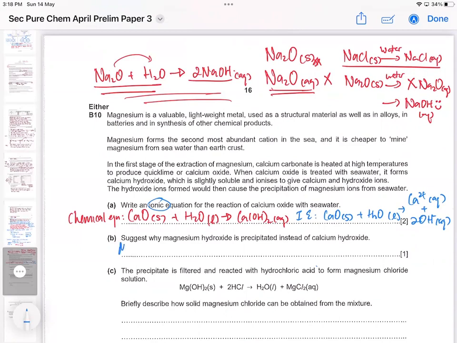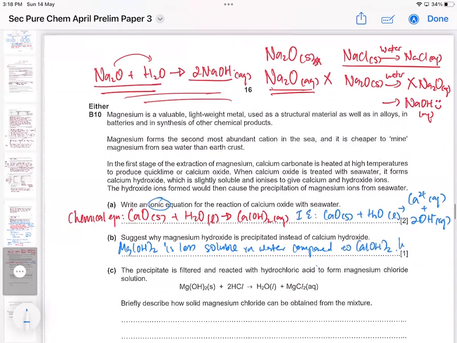So the only reason why I'll pick this will be it's actually less soluble in water compared to your calcium hydroxide, so hence it will actually form precipitate more easily. Okay, something like this.